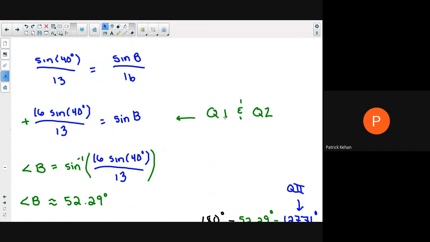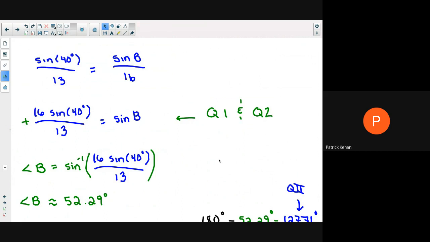Now this is your quadrant 1 angle, right? But remember, when you go to solve a trig equation and you take the inverse sine of both sides, there are two potential angle measures, one in the first quadrant and one in the second quadrant.